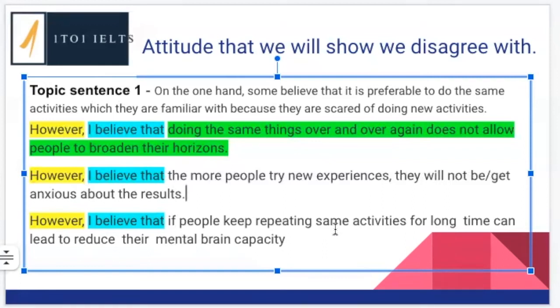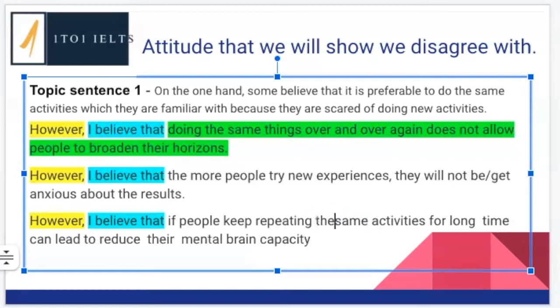So if people keep repeating same activities for a long time, can lead to reduce their mental brain capacity. Okay, so if people keep repeating, when we have the word same, so we've got some article issues that we're going to fix here. Every time you use the word same, before it we put the.